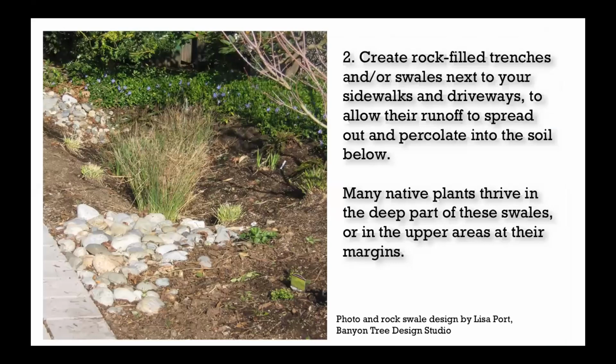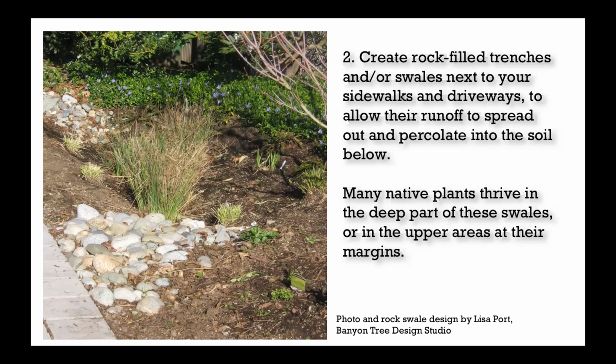Another thing you can do that you can combine with planting beds or do on its own is to create a rock-filled trench, or a swale, it's sometimes called, next to your sidewalk or next to your driveway, that you build in a place where you know that the water is naturally sheeting, because all of our driveways as well as sidewalks are built so that they do sheet water off of them, so water doesn't build up and puddle up on them.